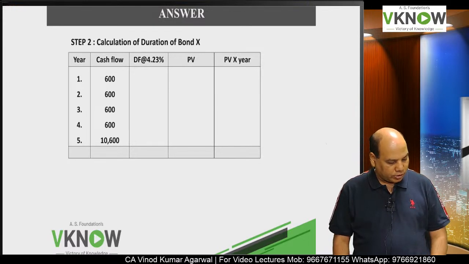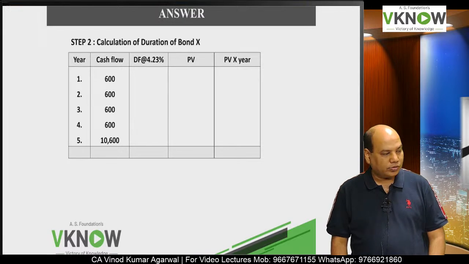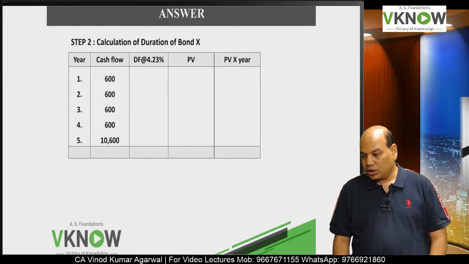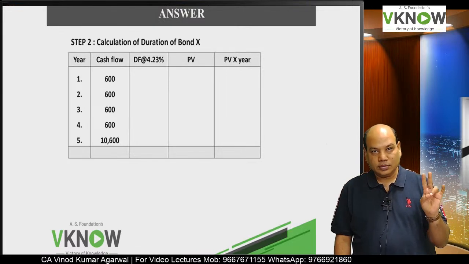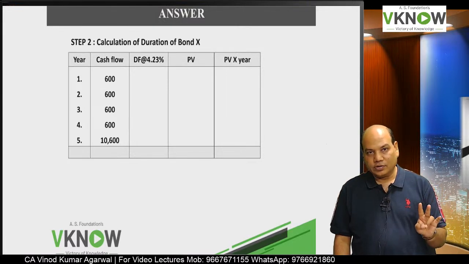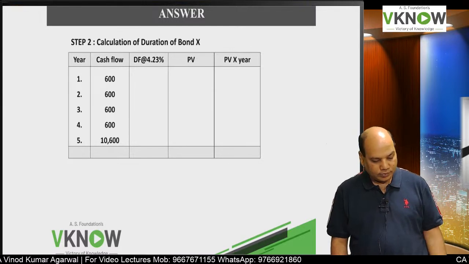We are solving question number 57, taken from one of the publications of the institute only. Cash flow, write down 6% of 10,000, 600, last year 10,600. Now solve.